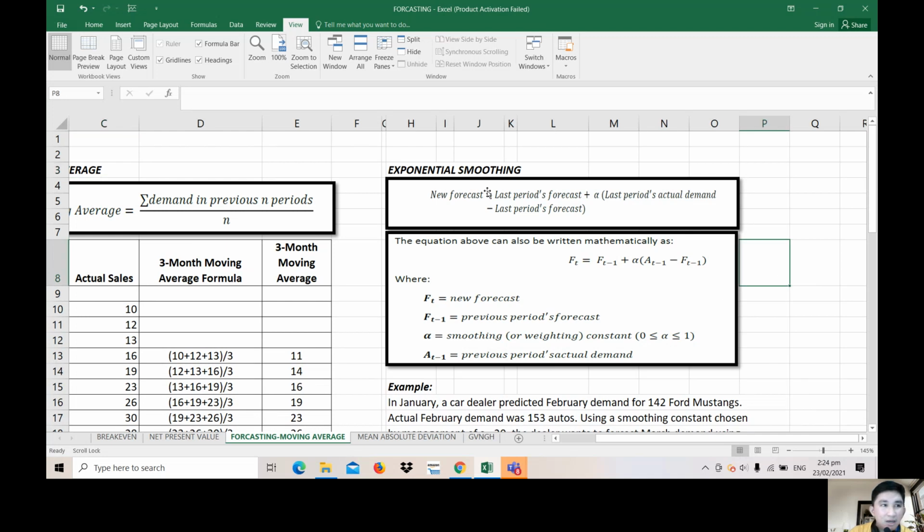To have our new forecast as our basis for the current projection, we have to use the last period's forecast plus the last period's actual demand, the actual, less last period's forecast, multiplied by your smoothing or weighting constant.